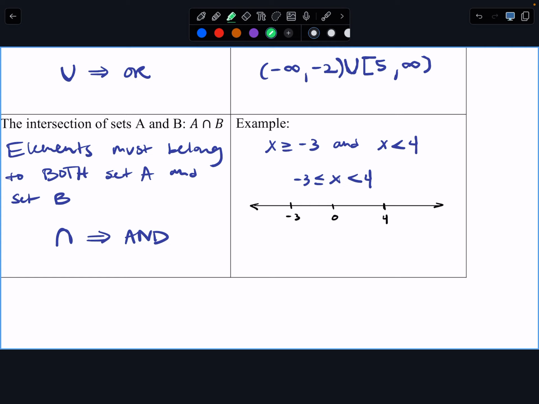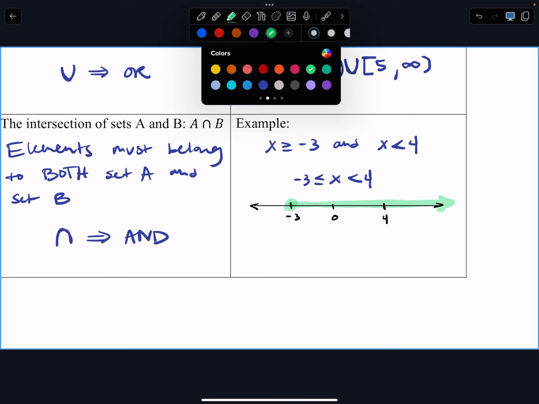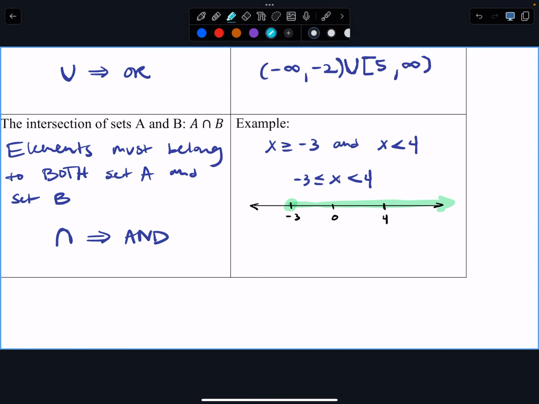So, for example, x greater than or equal to -3 would look like so on a number line. And then x less than 4 would be an open circle at 4, but then we'd be shading to the left.